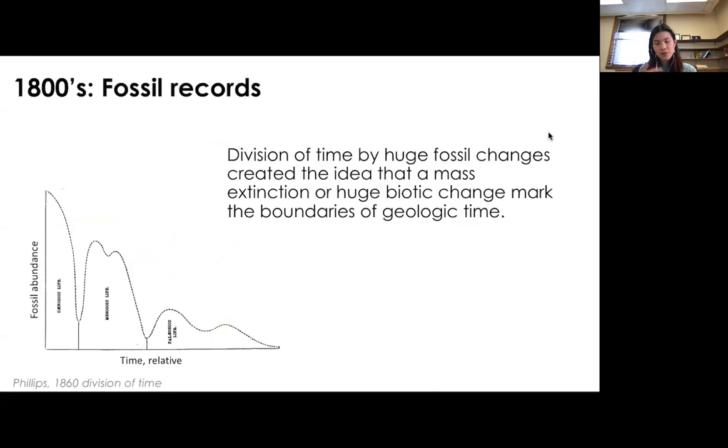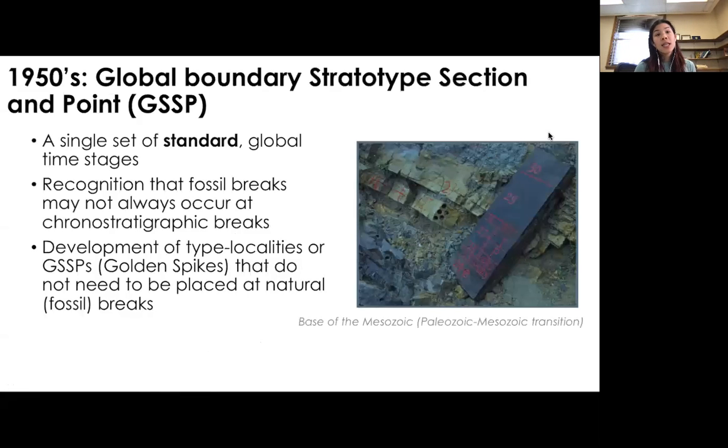This original use of fossil records has created a bias so that our geologic timescale as it is today is very much weighted on fossil changes. You'll often see that at time boundaries, there's also a large fossil change. But we needed to go further than this in order to divide up time even more into manageable chunks. And so this brought us in the 1950s to the use of global boundary stratotype section and points, or GSSPs.